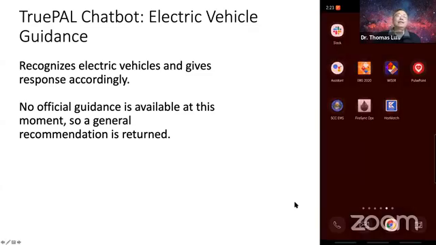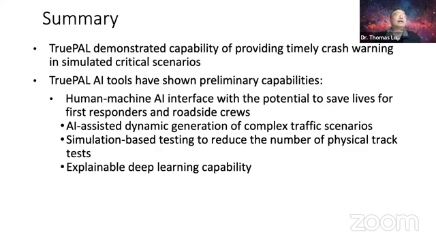All right. Okay. So actually, in this project, what we have developed here is an AI agent, or we call it an AI assistant. Its name is TruePaw, a trusted and explainable system that can save lives.